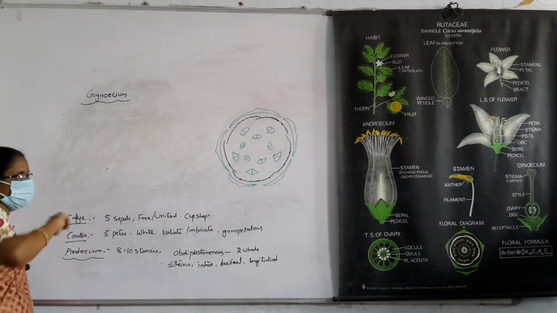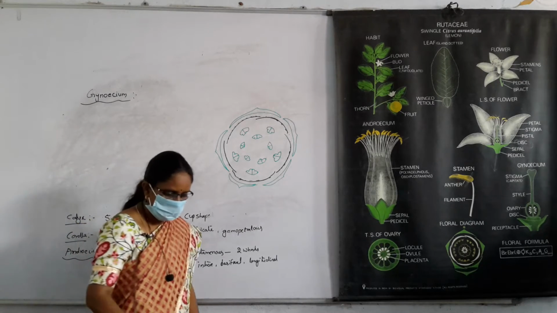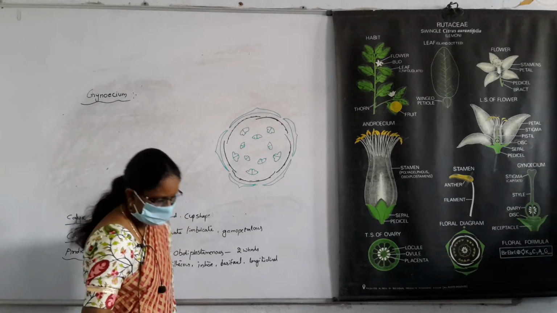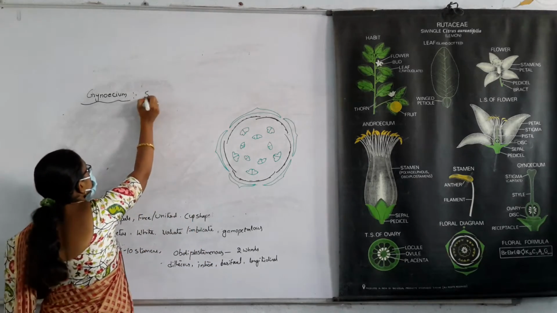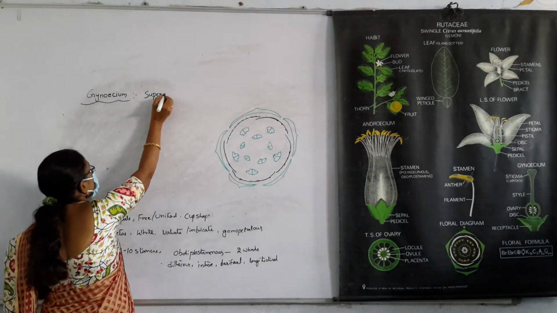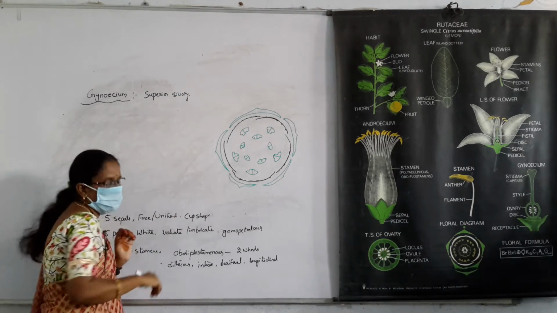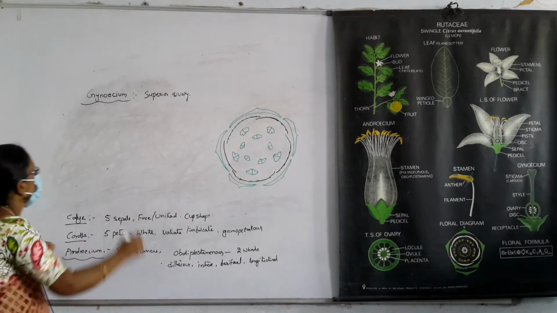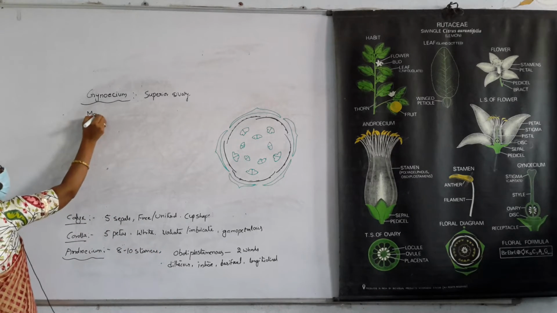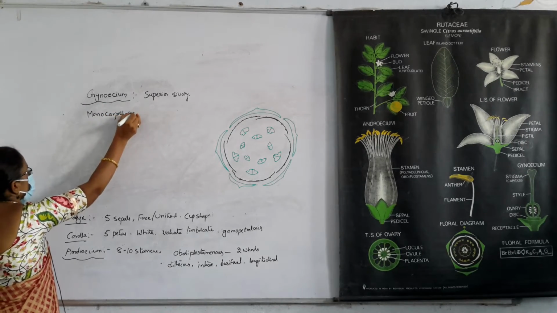Gynoecium of Rutaceae plants. The ovary is normally a superior ovary, and monocarpellary means only one carpel is present.